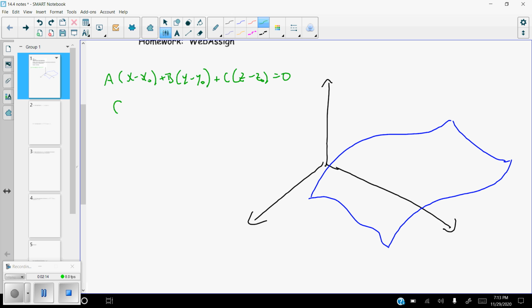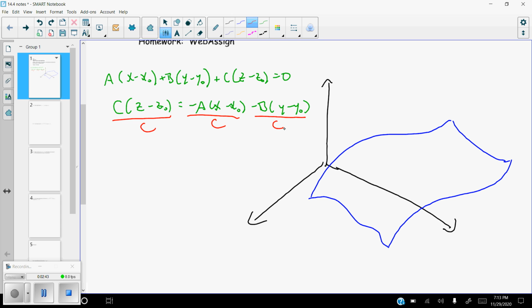So we're going to solve this for C times (z minus z naught) by subtracting the A and B stuff. So we're going to get minus A(x minus x naught) minus B(y minus y naught), keeping in mind that A, B, and C are some kind of constants. Now we're going to divide everything by capital C. Got ahead of myself there.